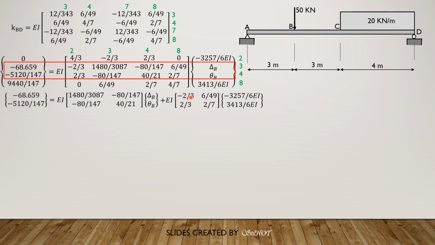So simplifying this value here: negative 2/3 times negative 3257 over 6 EI, and plus 6 over 49 times 3413 over 6. So EI is cancelled. So we copy the same matrix, then let's simplify this portion here.